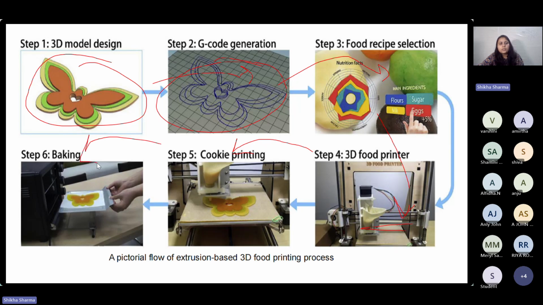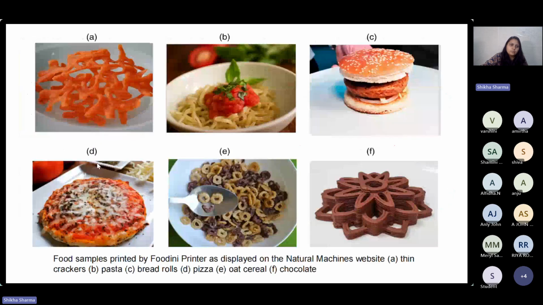Then we can put them into further processing like baking, frying, etc. So these are the different food samples which are 3D printed: a thin cracker, then pasta, bread roll, pizza, oat cereals, chocolates.